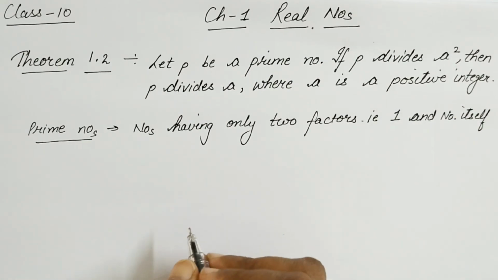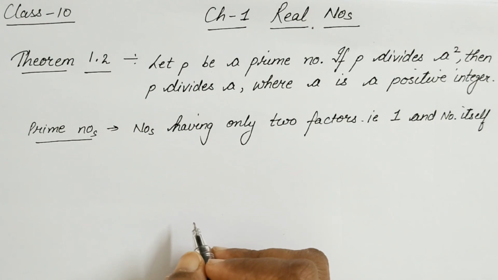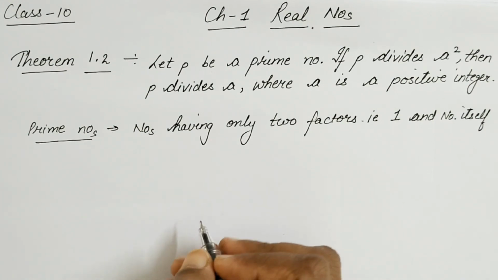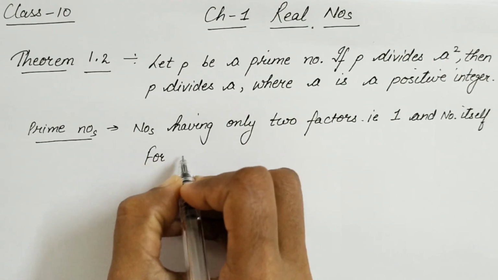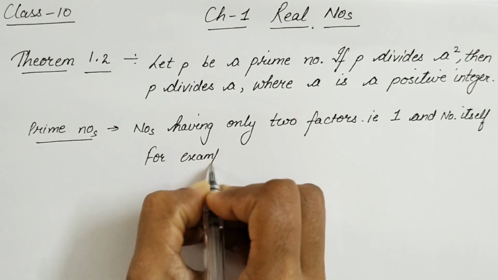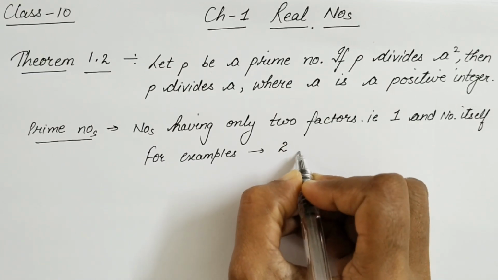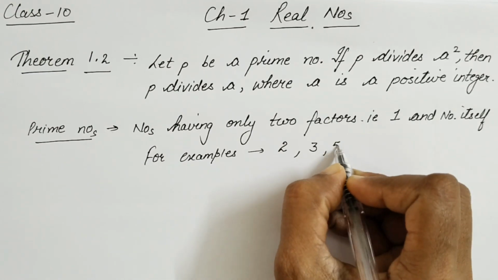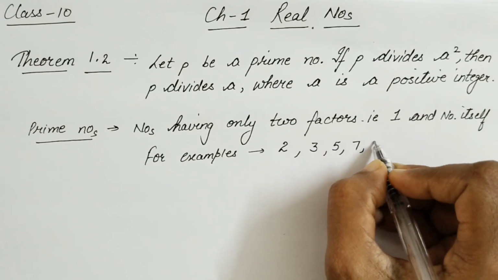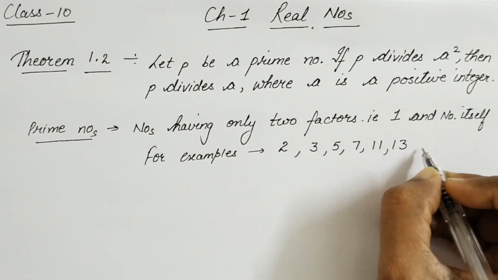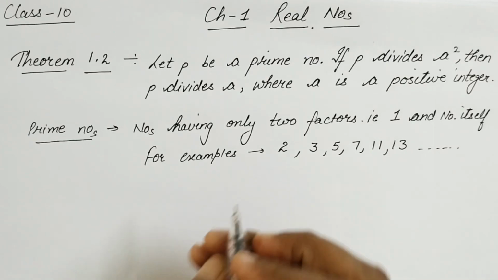Means the numbers which are divisible by only 1 and itself are called prime numbers. For example, you can take 2, 3, 5, 7, 11, 13 and so on.